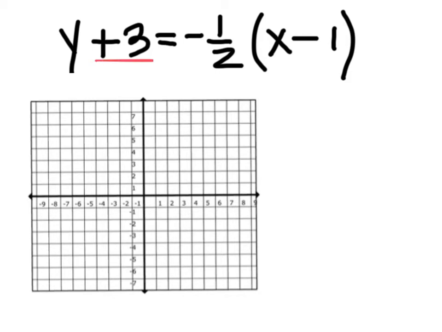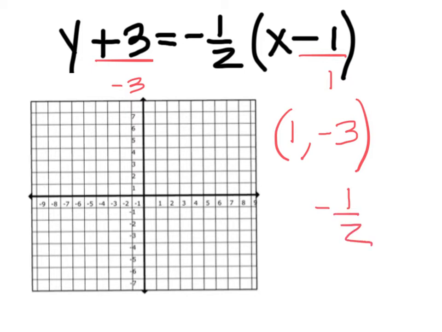It's plus there, so you're going to use a -3. Over here you have a -1. In the formula there was a minus sign, so that means you just take out a 1. The 1 is the x and the -3 is the y. So there's your point. And the slope is -1/2.